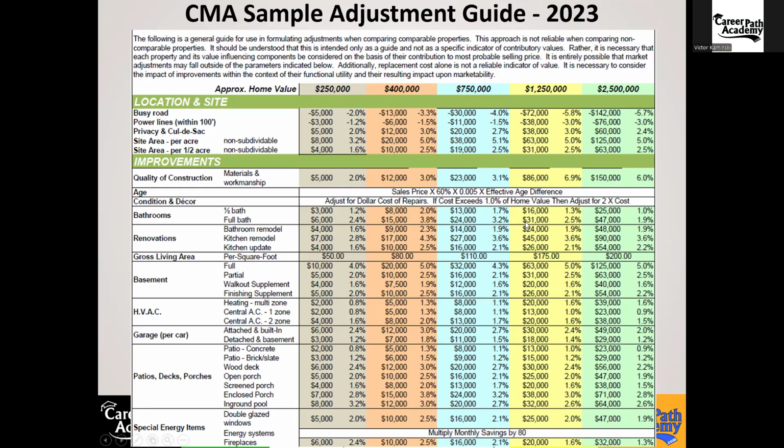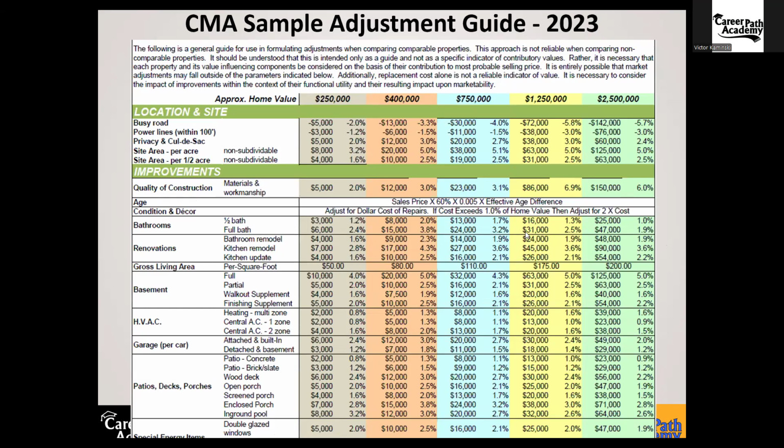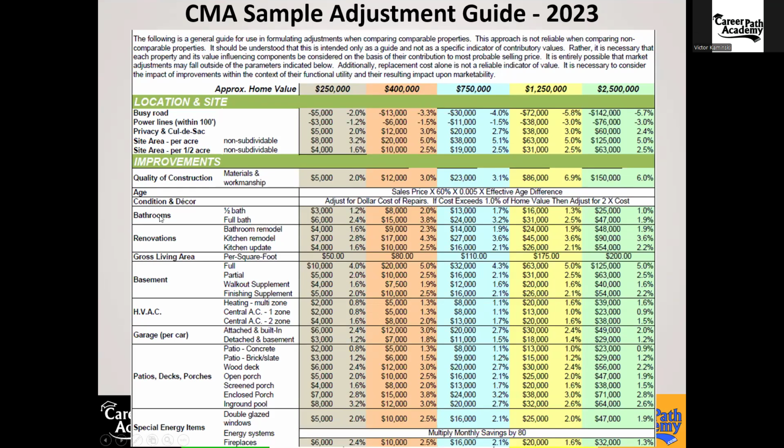Let's just say, for instance, it was $50,000 to install an in-ground pool. Over here on this adjustment guide, you could see on a $250,000 house, it's going to increase the value by 3.2% or $8,000. So you're definitely not getting all the money back for that improvement.